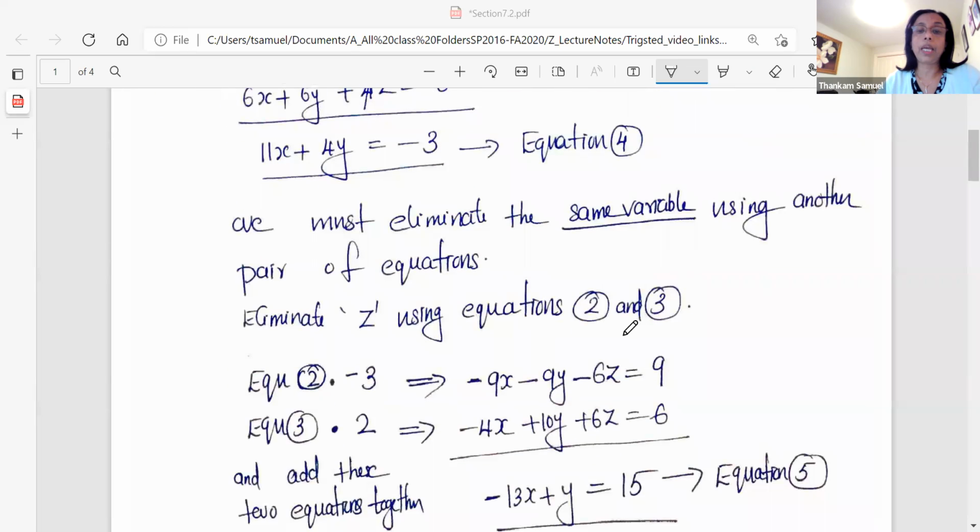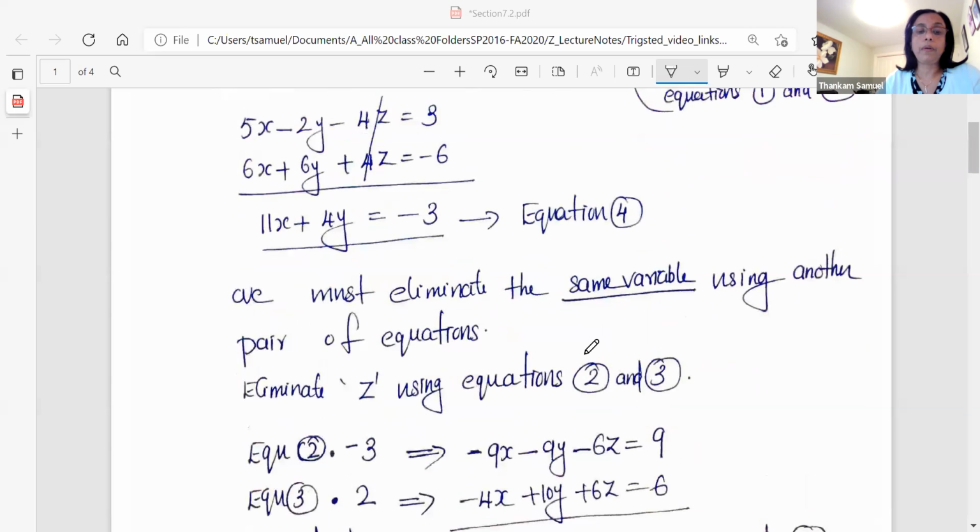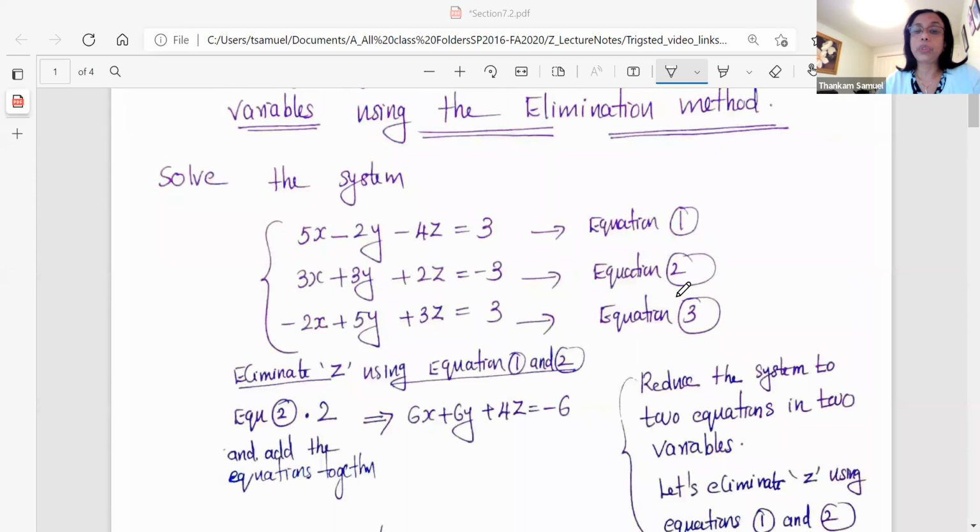Let's take equation 2 and 3 and eliminate the same z variable. So when we look at equation 2 and 3, to eliminate z, we have to make the coefficients equal and opposite, or in other words, make these terms additive inverses.